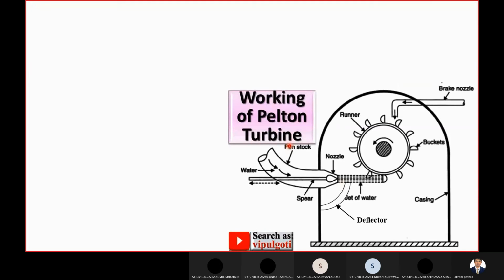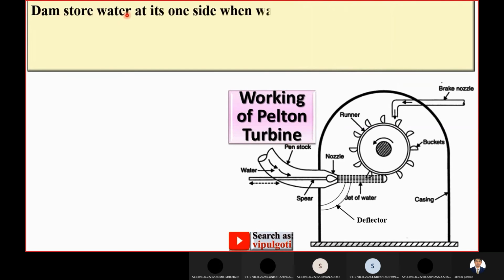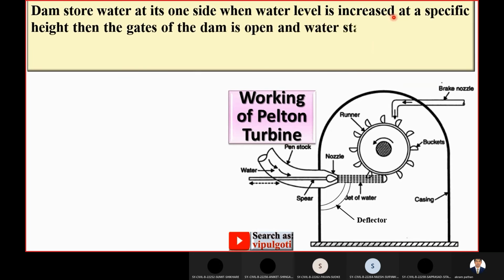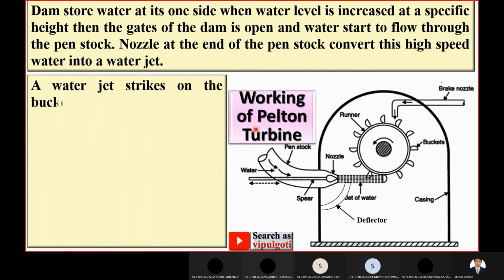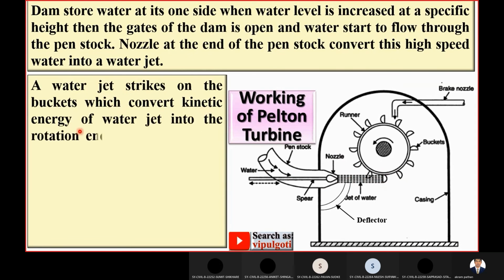Now, the working of Pelton wheel turbines. Already we have seen that we have a dam, okay, which stores the water, and we have to connect the penstock. We call it a large diameter pipe, okay. So at the end of the pipe we have a nozzle. So the penstock converts high speed water into a water jet, and then the jet of water comes out through the nozzle.